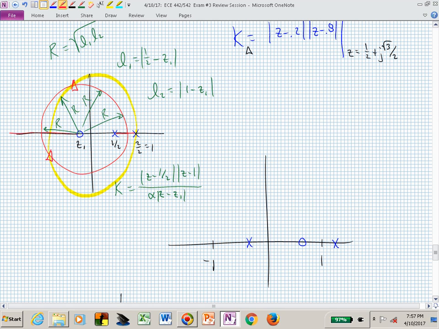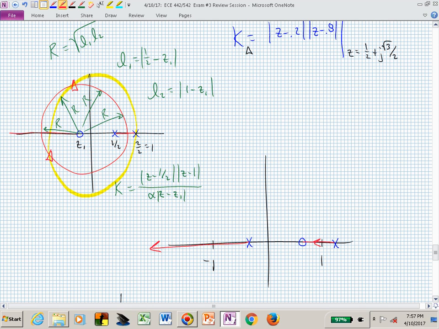What about the root locus for this pole 0 pattern? Are we okay with that sketch? It's pretty quick to start to find these root locus diagrams.